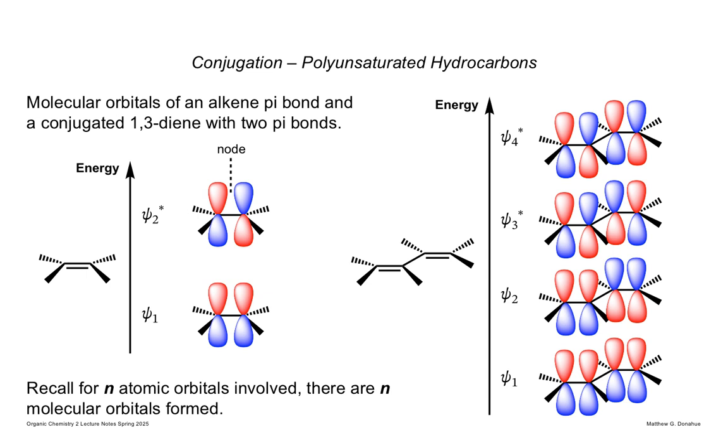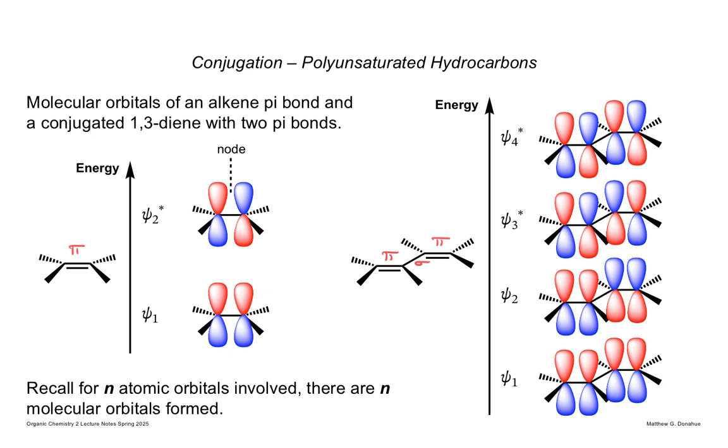On the left, we see just one pi bond. So I have these four substituents. They can be anything coming off it. On the right, now we have two pi bonds connected together by a sigma bond. So in that case, they're conjugated.